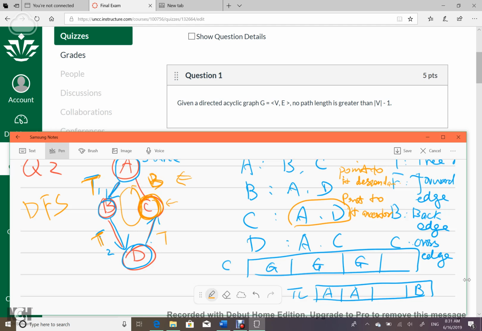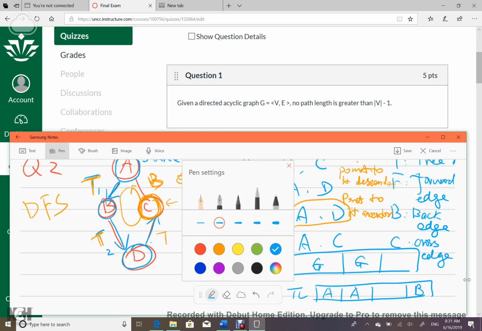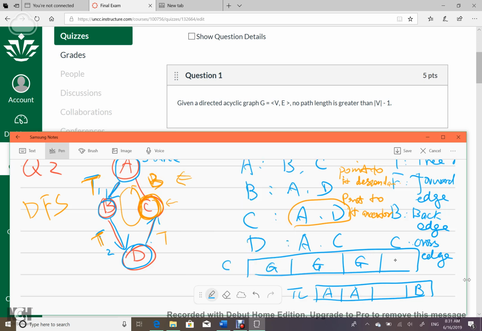Also here, the parent of C is D. I'm sorry, I filled in the wrong place. C's parent is D, right?